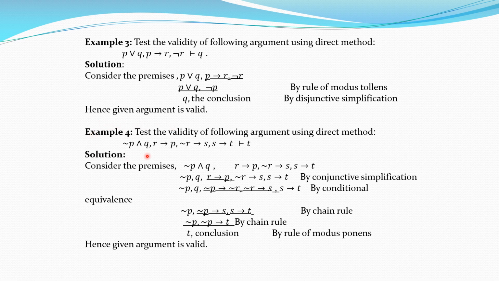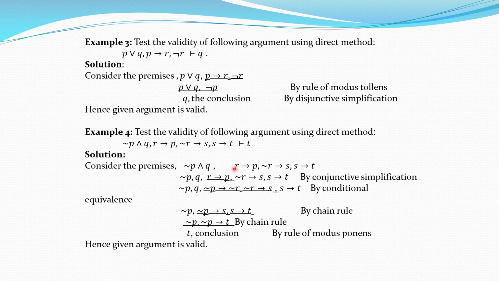Now next, test the validity of the following argument using the direct method. Again this left side part is the hypothesis or premises and the right side T is the conclusion. So we start with the premises: negation P and Q, R implies P, negation R implies S, S implies T. Now here again, if you consider first and second, we can't use any rule.